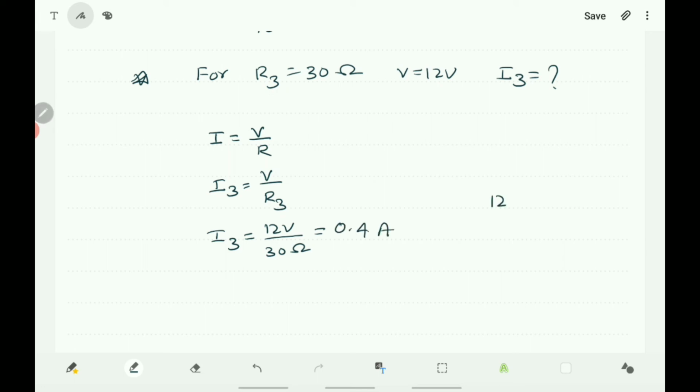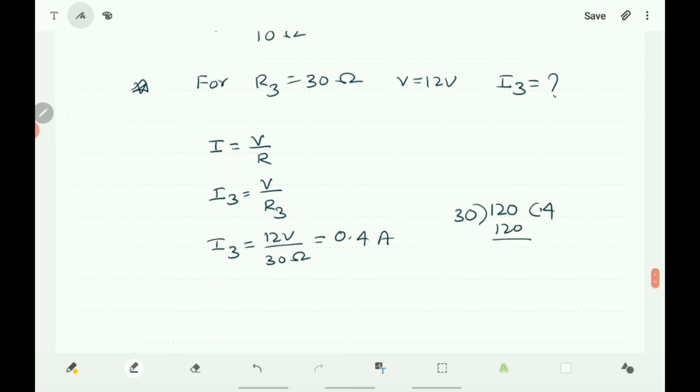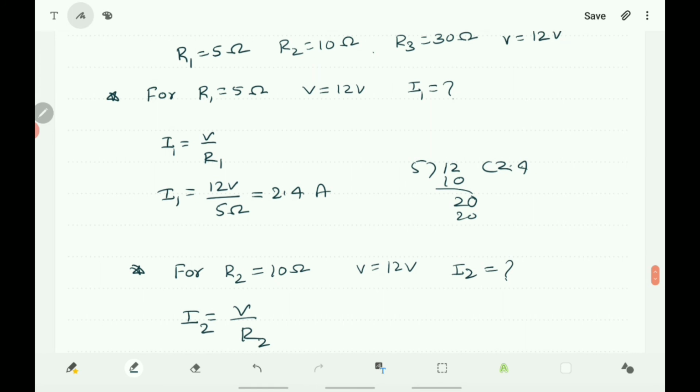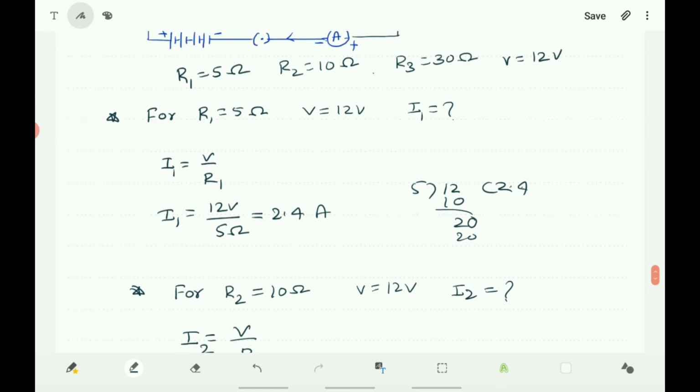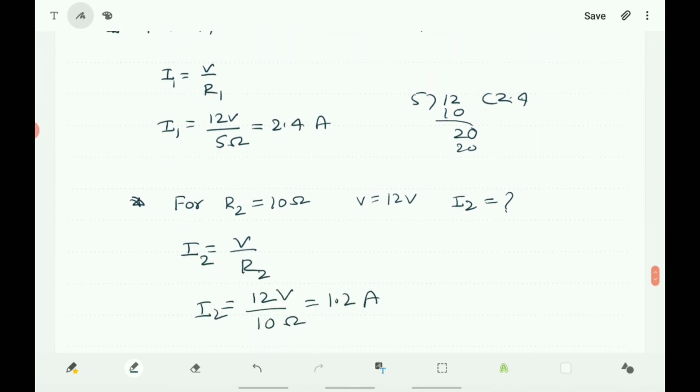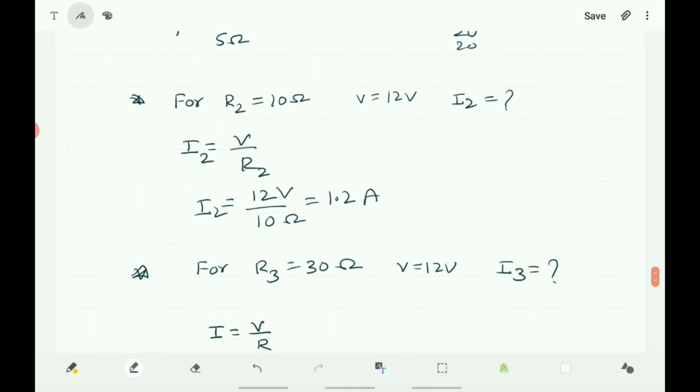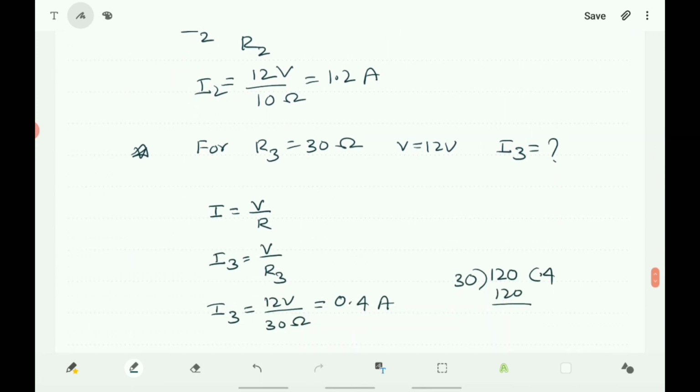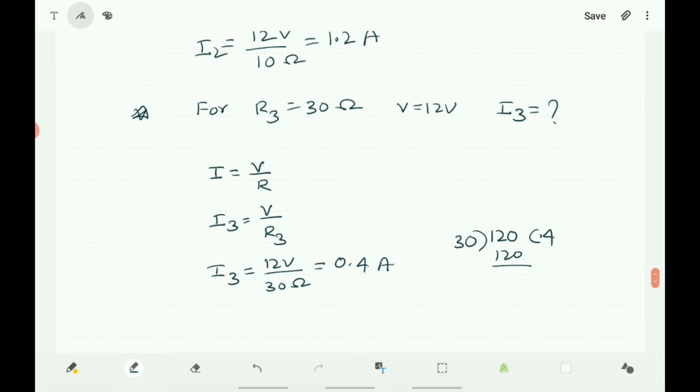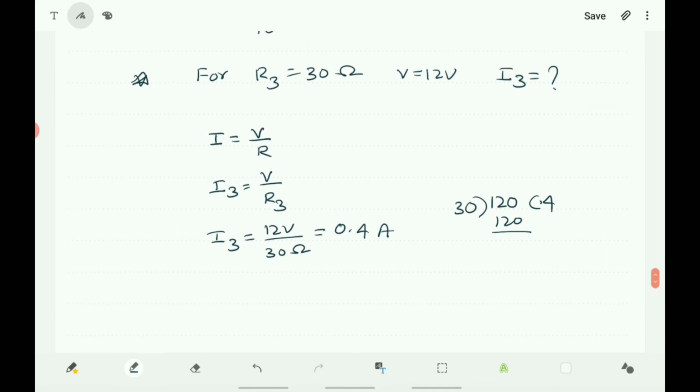So if you divide 12 by 30, you know that you will get 0.4 A. In this way, through the resistor R1, the current is 2.4 A, through the resistor R2 the current is 1.2 A, and through the resistor R3 the current is 0.4 A.